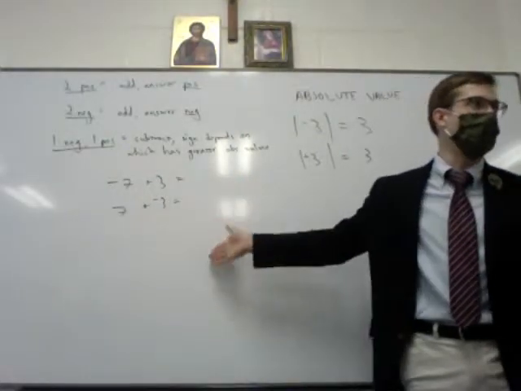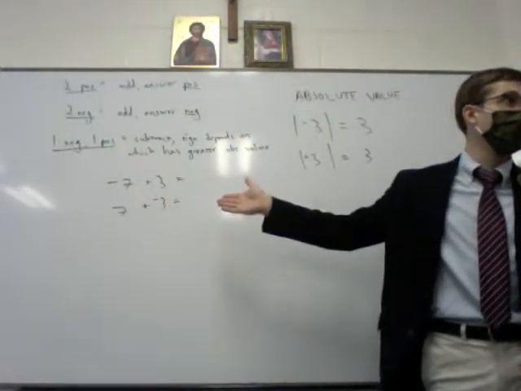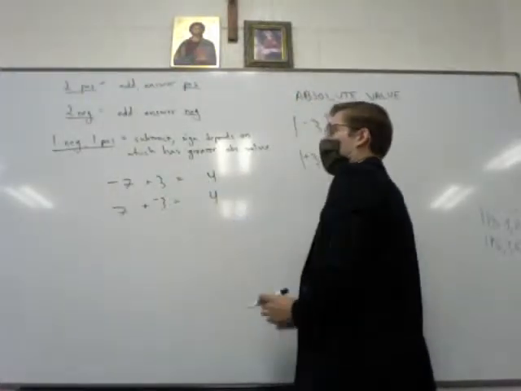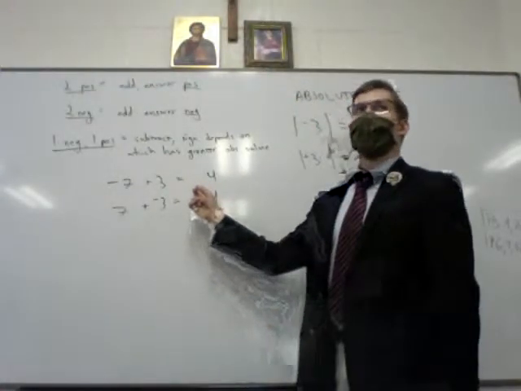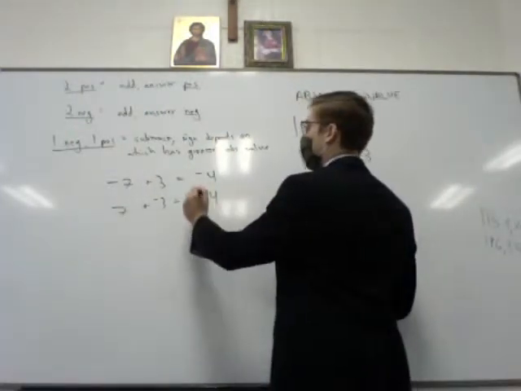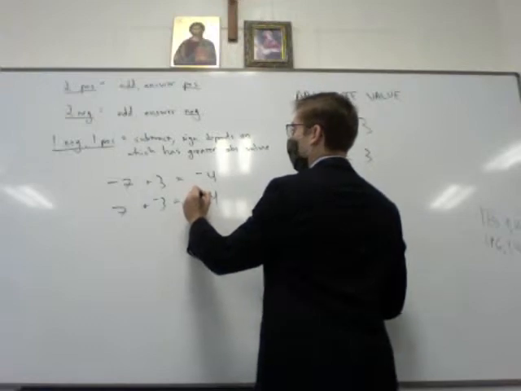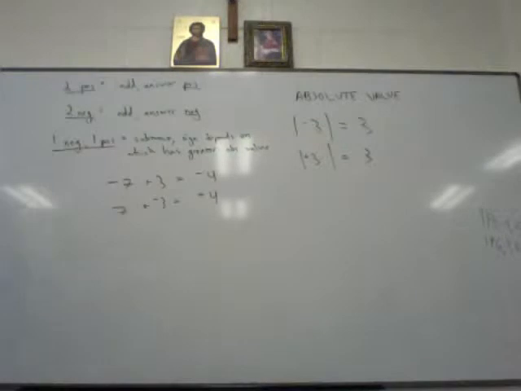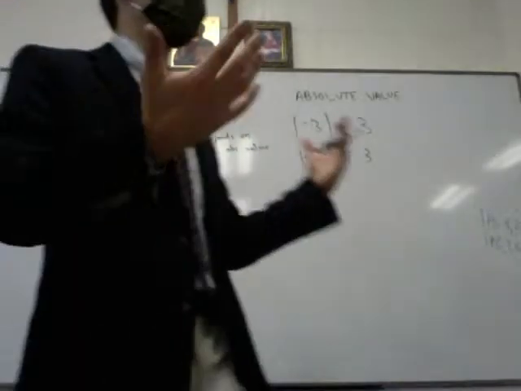We'll do 7 minus 3 either way. Is the answer going to be positive or negative? Positive, because 7 is further away from 0 than negative 3 is. So whichever one is further from 0 wins out.